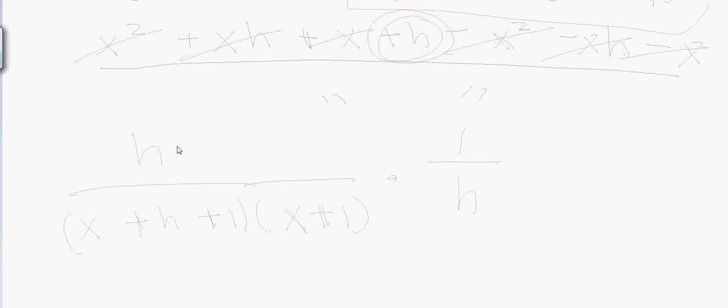And once again, if you have the same term on the top and the bottom, you can simply cross it out. So essentially this doesn't exist, and now you're left with 1 over x plus h plus 1 times x plus 1.